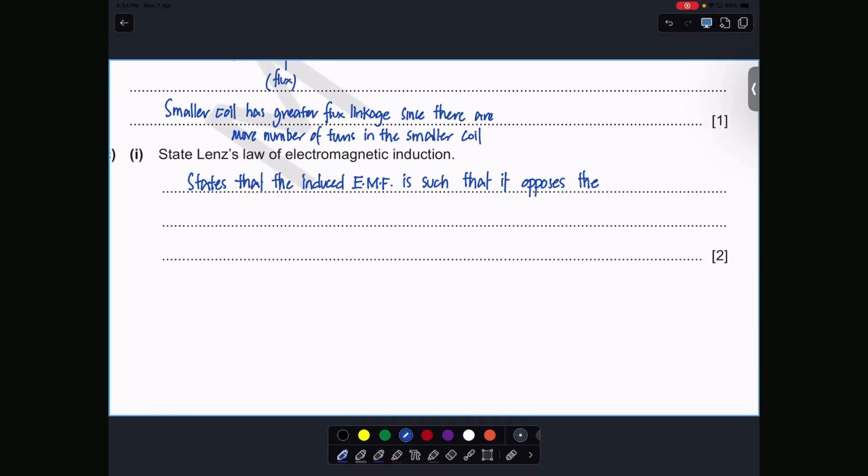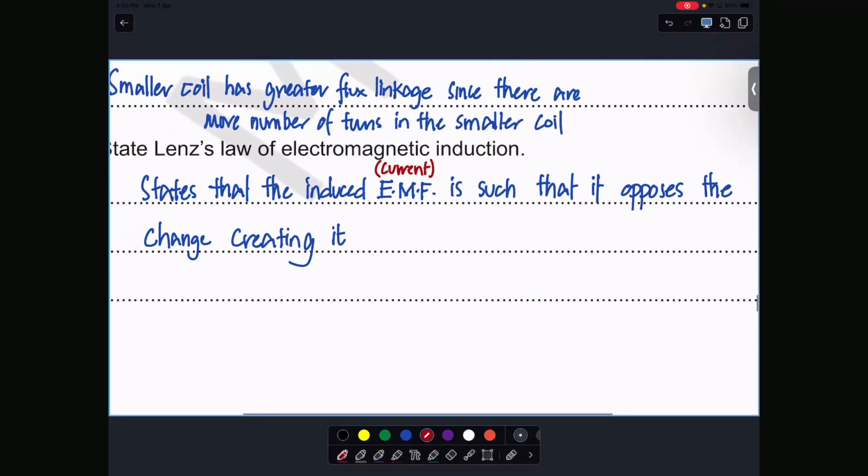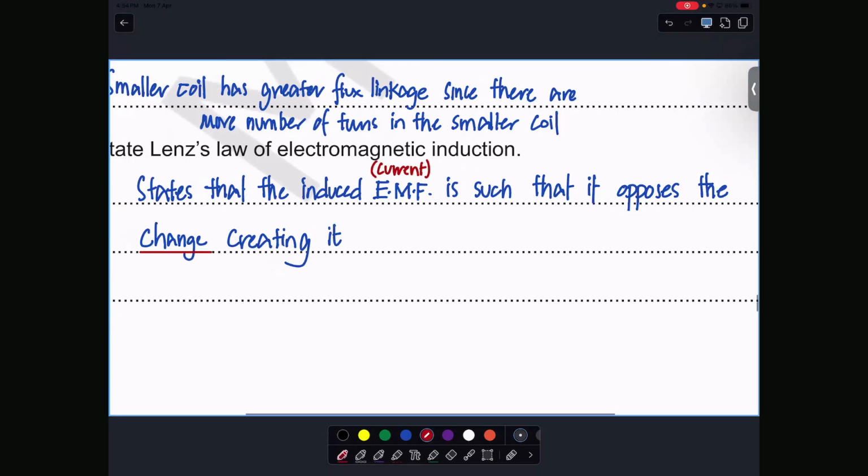So state that the induced EMF is such that it opposes the change. So I'll clarify a few things here. States that the induced EMF এখানে হচ্ছে current দিতে পারো, but current হচ্ছে only possible if it's a complete circuit. Okay, it's such that it opposes the change creating it.